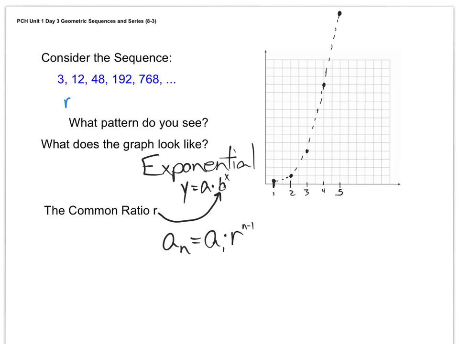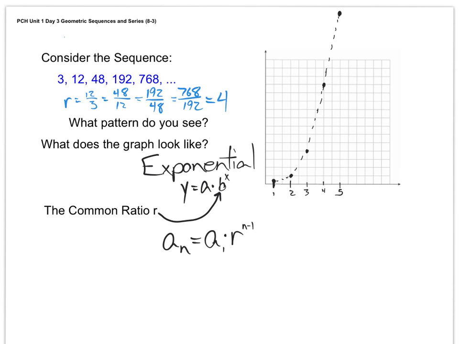So r is going to be 12 over 3, or you could do 48 over 12, or 192 over 48, or even 768 over 192. No matter what terms you use, if you divide them like that, you'll get the common ratio 4.